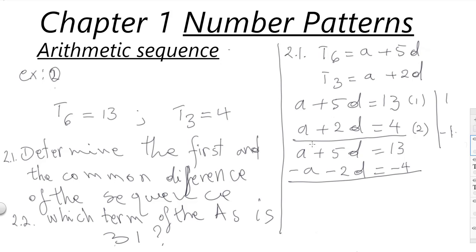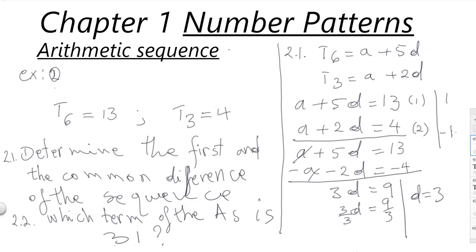So a minus a will cancel. 5 minus 2 will be 3d, and 13 minus 4 will be 9. When you divide 9 by 3, we can see that our common difference is equal to 3.